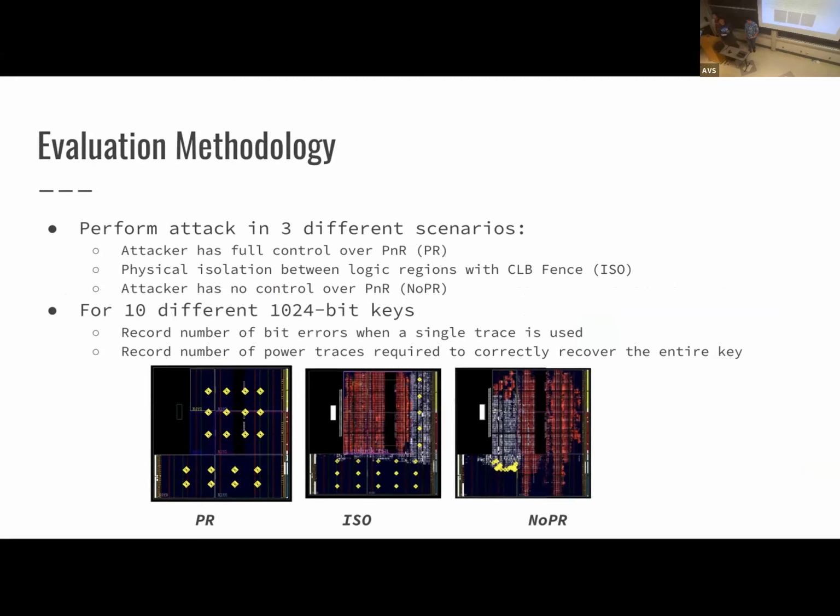In this paper, the authors perform the attack in 3 different scenarios: one where the attacker has full control over place and route, another where there exists some physical isolation between logic regions with configuration logic blocks fence, and another where the attacker has no control over place and route. 10 different 1024-bit keys are generated to evaluate those 3 scenarios, and the number of bit errors and the number of power traces required to correctly get the private key are recorded.